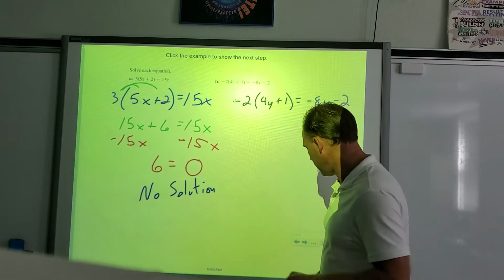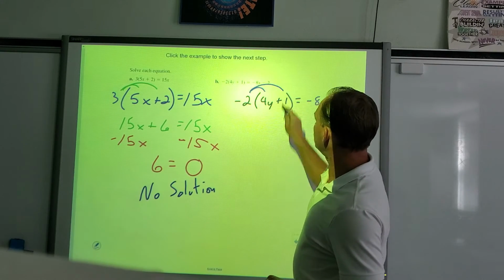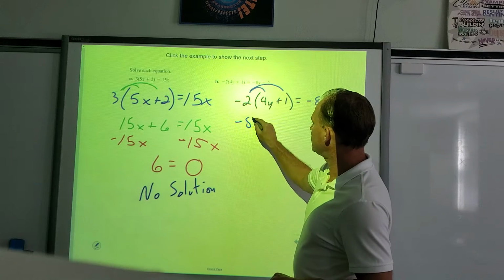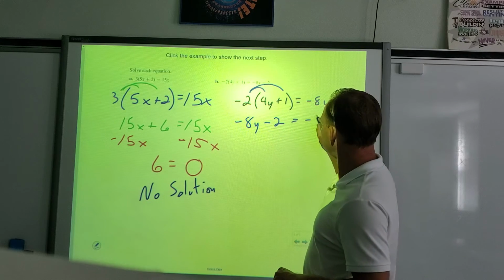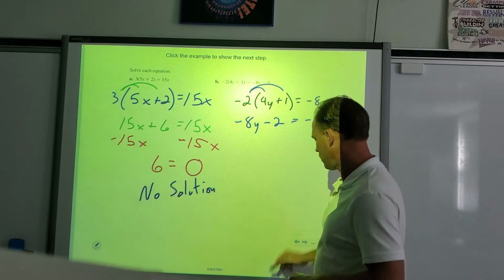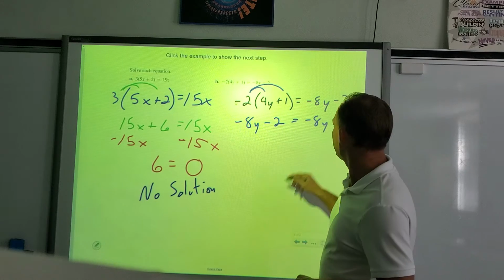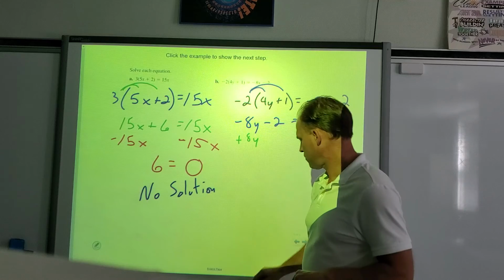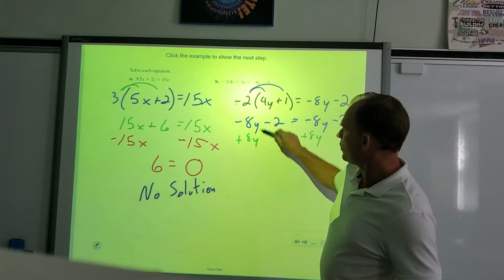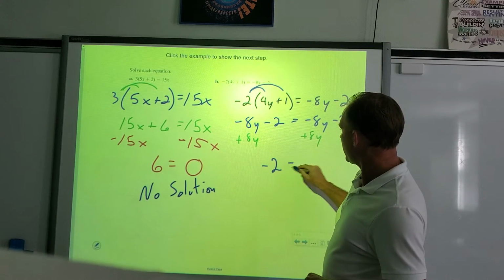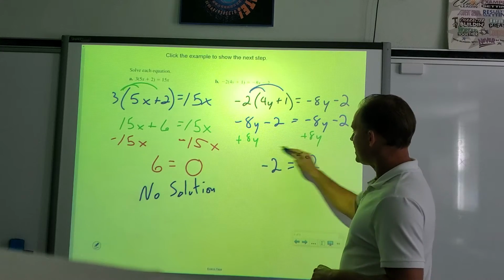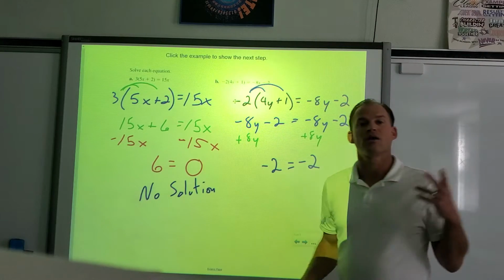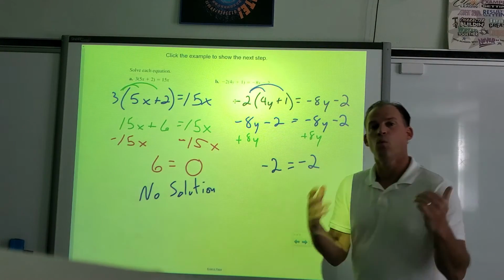if I look at a problem like this, again, start by simplifying one side of the equation. Collect your variables. Negative 8y plus 8y is a 0 pair. Now these two numbers are the same. So what does that mean?